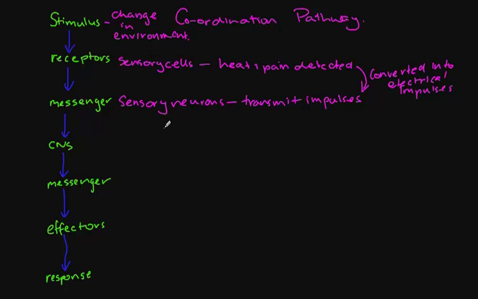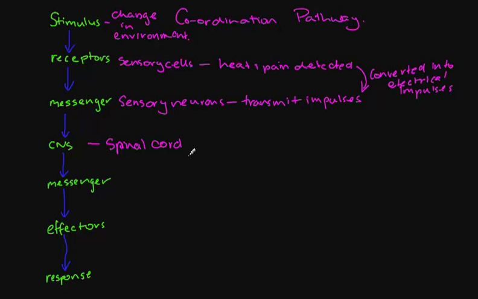From there, they transmit the sensory impulses via a sensory neuron to the central nervous system. Okay, so the central nervous system, in this case, it is going to go to the spinal cord. So the spinal cord's job is to work out what's going on.